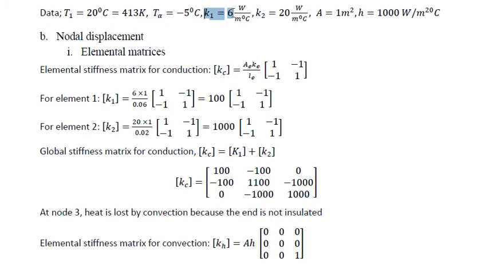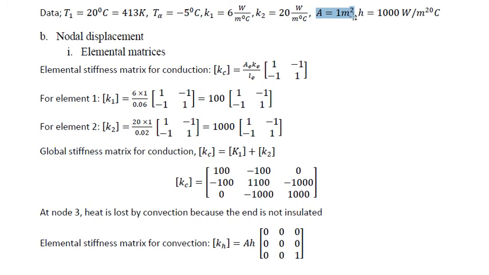Now K1 is the material property of the first element, K2 is the material property of the second element. Since area is not given, we have to consider this is cross sectional area, not the surface area, or the area of the plane which we can observe. It is the cross sectional area. Cross sectional area is assumed to be 1 meter square.